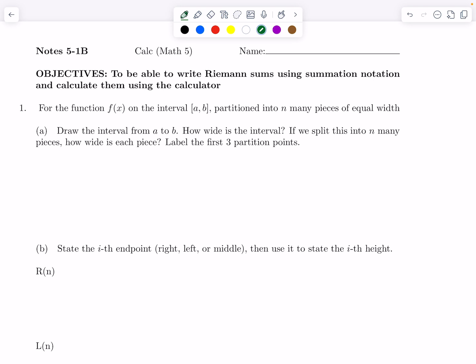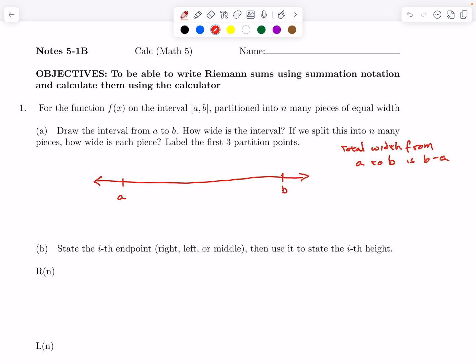Okay, so first, draw the interval from A to B. So we've got A, B. The total width is B minus A. So the total width from 3 to 5 is 2, because it's 5 minus 3, for instance.